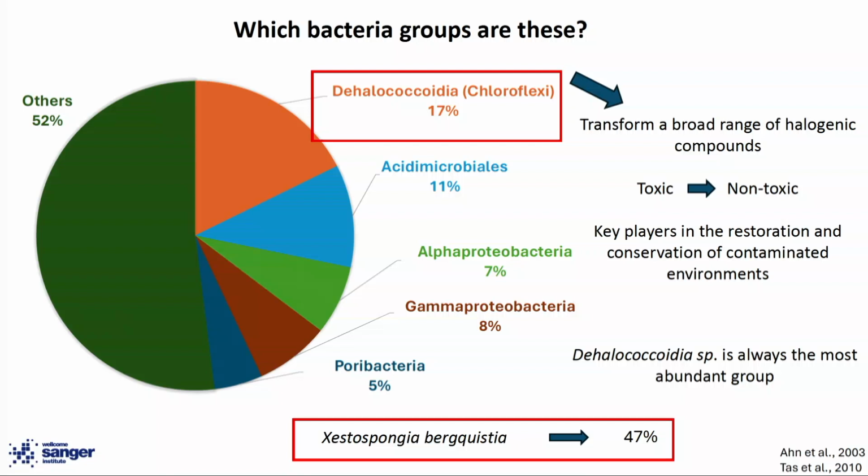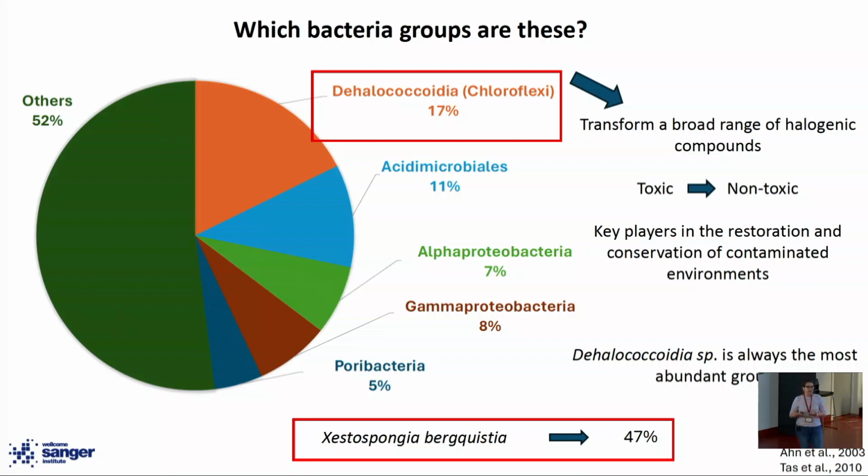And then we got curious about which microbes these are, which bacteria these are. If you consider all the sponge species, all the MAGs that we have for sponges, we have a top 5 bacteria there, but the number 1 is the Halococoidea, or Chloroflexi. They are present in 17% of the metagenomes. This group of bacteria are known to transform a wide range of halogenic compounds, usually toxic ones.